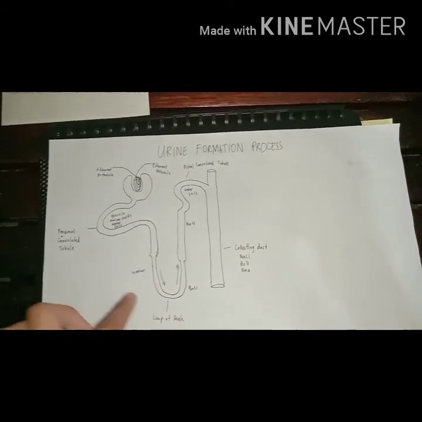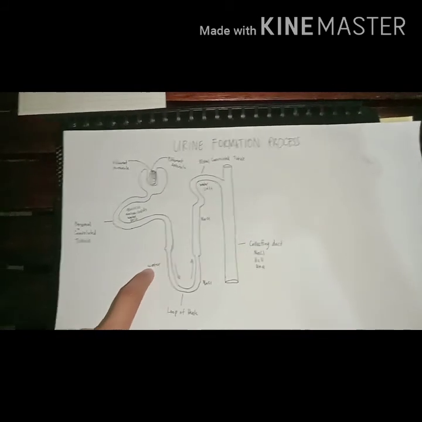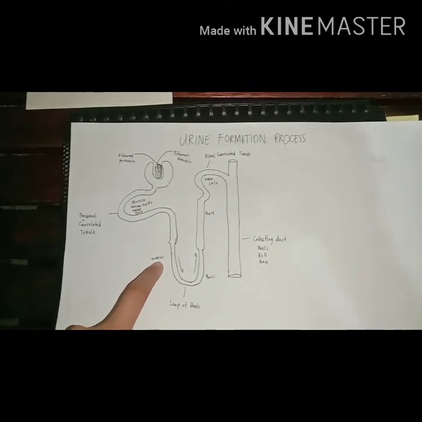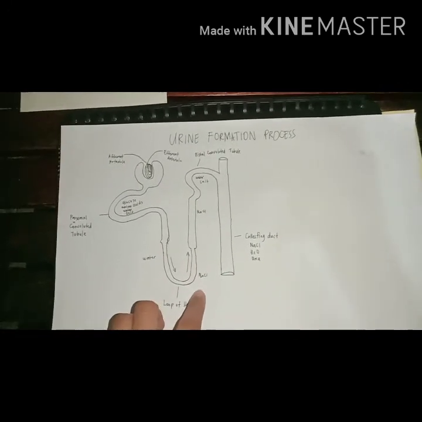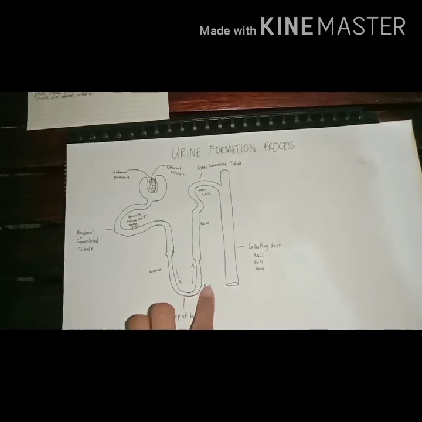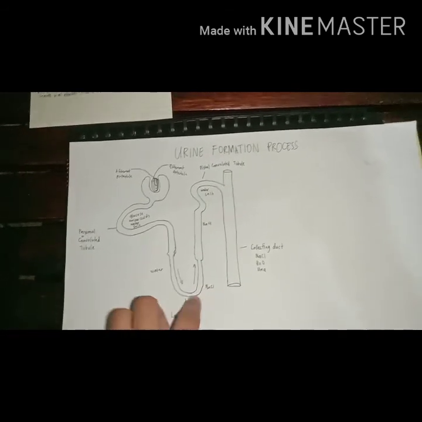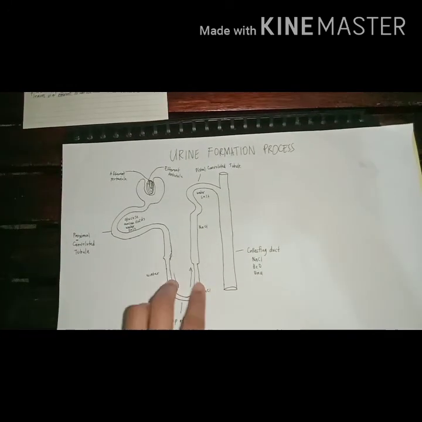In the descending limb, as I said, water is reabsorbed through osmosis. Then in the ascending limb, the salt or sodium chloride is reabsorbed by the process of diffusion.